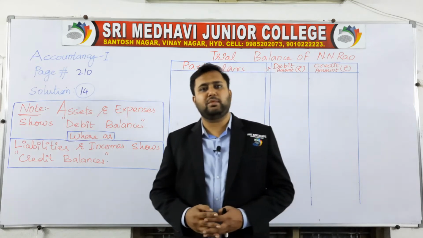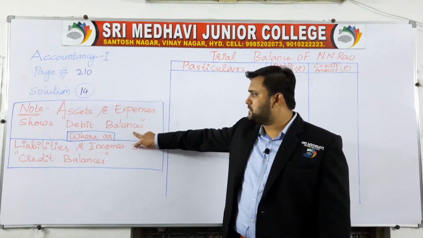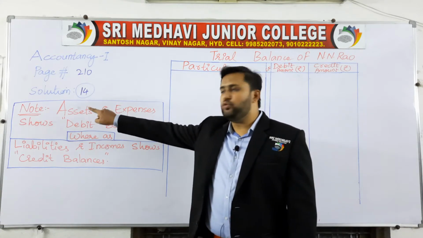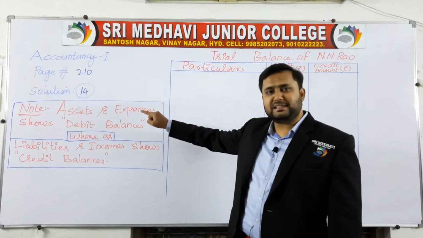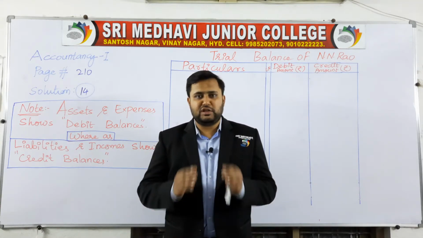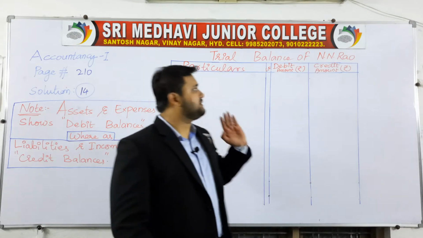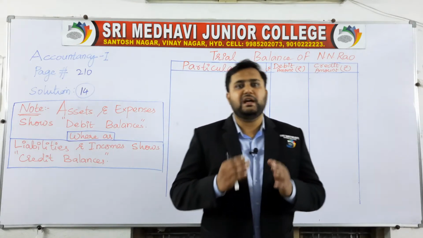Before solving the problem, you have to keep in mind 2 points. Point number 1: assets and expenses show debit balances, which means whenever you are writing an asset in particulars, you have to write the balance of that asset in the debit column.